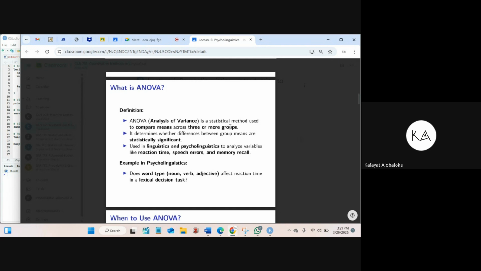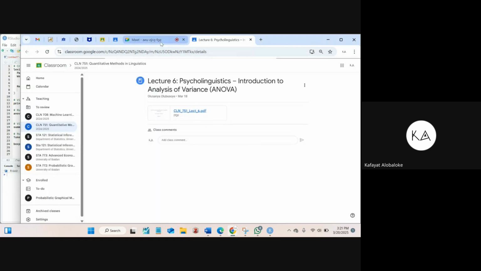But in this case, ANOVA is also a parametric test to compare means, but we are dealing with more than two groups. So ANOVA is a statistical method used to compare means across three or more groups, unlike the t-test, whereby we deal with just two groups. It determines whether the differences between groups are statistically significant.